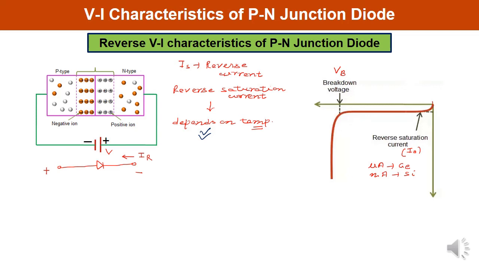But if a large reverse voltage is applied, if this voltage is increased and increased, then in case of large reverse bias voltage, a process known as junction breakdown occurs, and due to this, the diode reverse current increases rapidly.